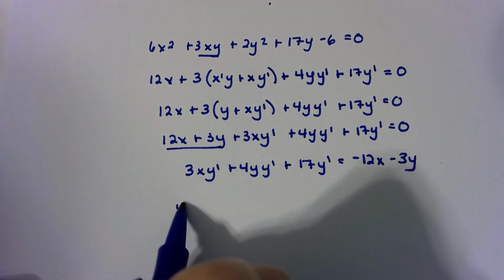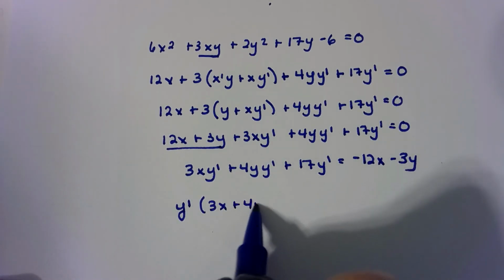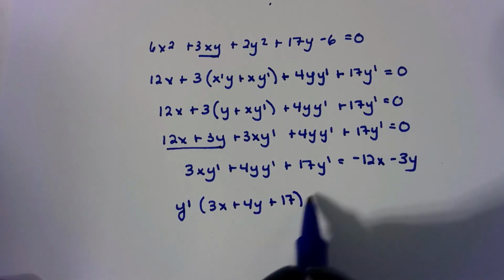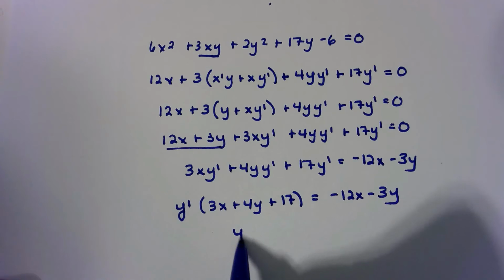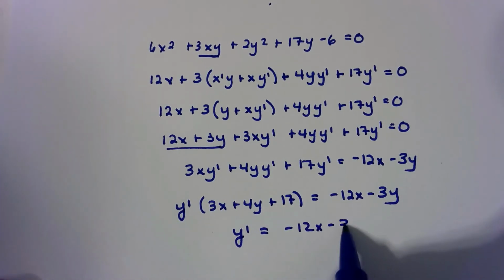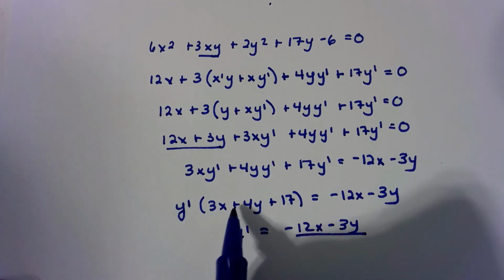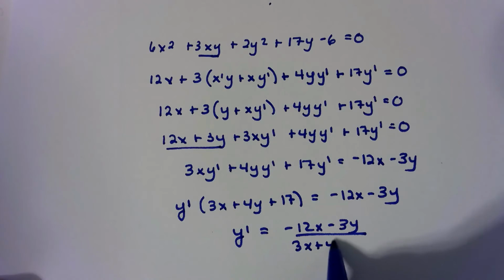Here I can factor out a y prime, and I'm going to be left with 3x plus 4y plus 17 is equal to the right-hand side. And finally, I can isolate y prime by dividing both sides by that factor. It's a factor because it's multiplied, right? So 3x plus 4y plus 17. Done.